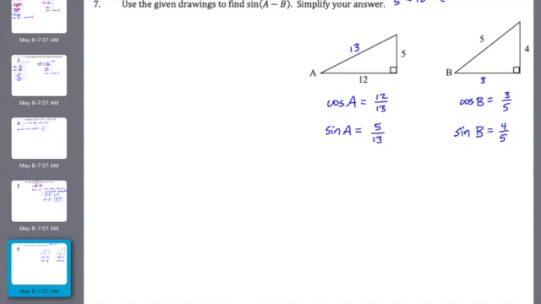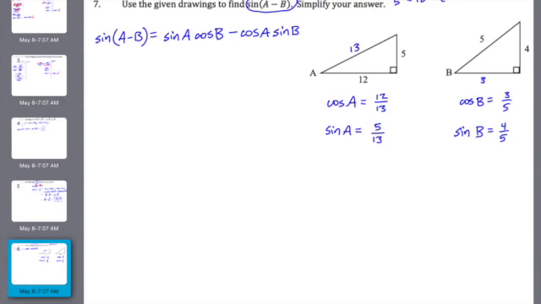All right, so why do we need to do that? Well, when we're using the difference formula for sine of x minus y, or in this case, sine of a minus b, it's going to turn into this. So sine of a minus b, if we expand that out, is sine of a times the cosine of b minus the cosine of a times the sine of b. All right, well, we know what the sine of a equals. It's right here.